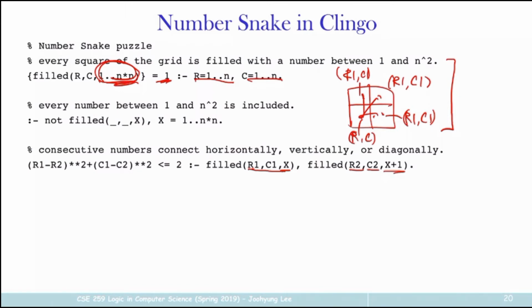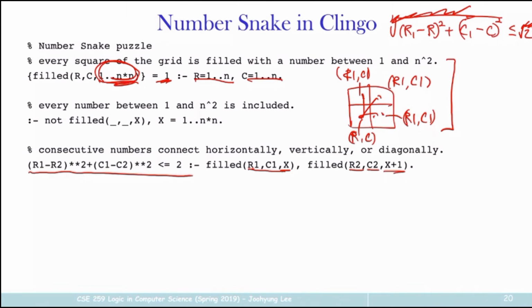So the square root of (R1 minus R) square plus (C1 minus C) square is bounded by square root of 2. I don't need the square root, I can square both sides and delete it. Then you get this. Note that the double star is the exponent. So (R1 minus R2) square plus (C1 minus C2) square is less than or equal to 2.